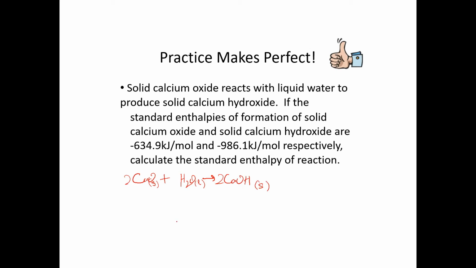So how would we get it? We have calcium oxide. We have Ca plus O2 gives us CaO. So here it will be 2 and 2. The total we'll get here is negative 634.9 kJ per mole.